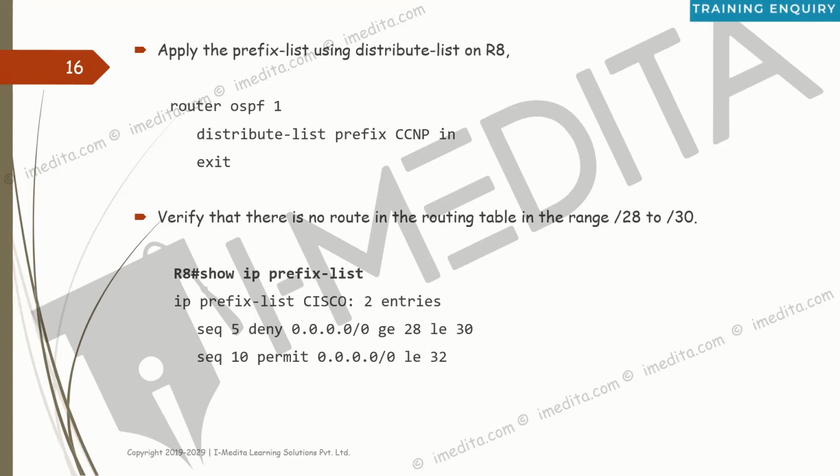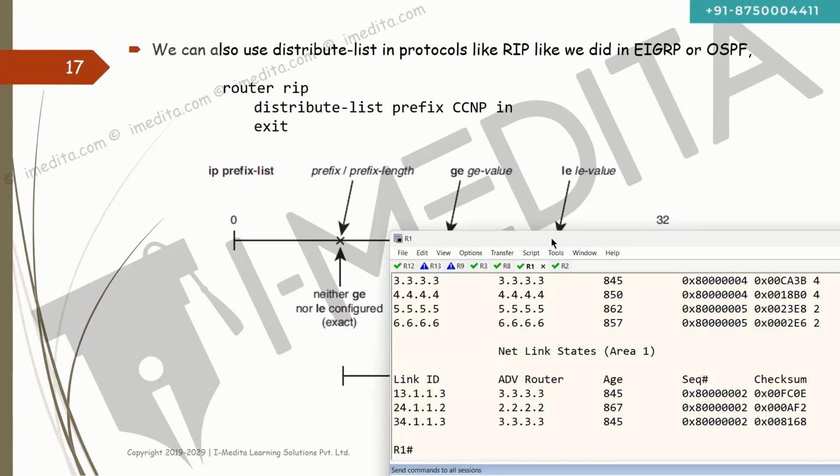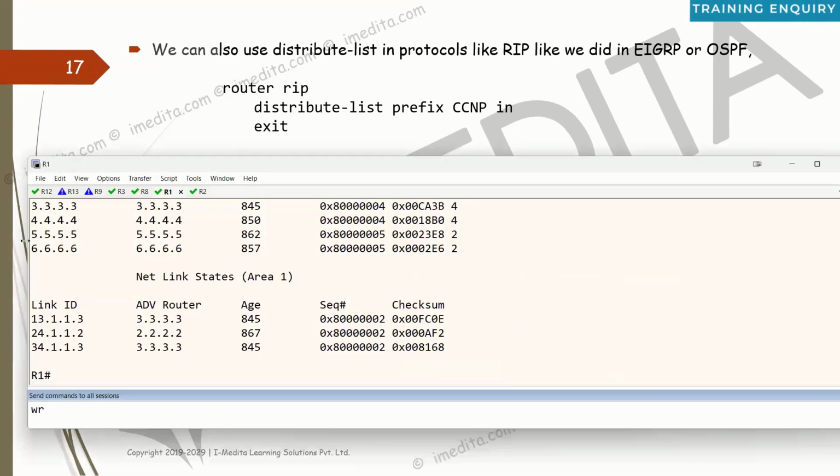So the prefixes are going to be filtered, and the prefixes that are getting filtered will not be available in the routing table. So if the other path goes down, you still will not see these prefixes in the routing table. So access list, standard, extended, prefix list, normal prefix list, we can use to perform the filtering.